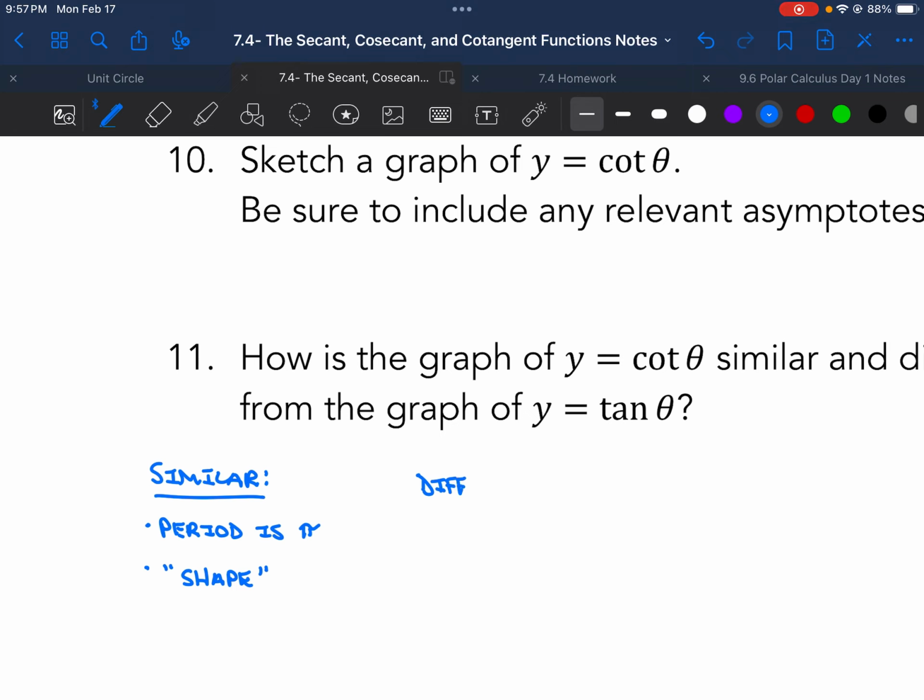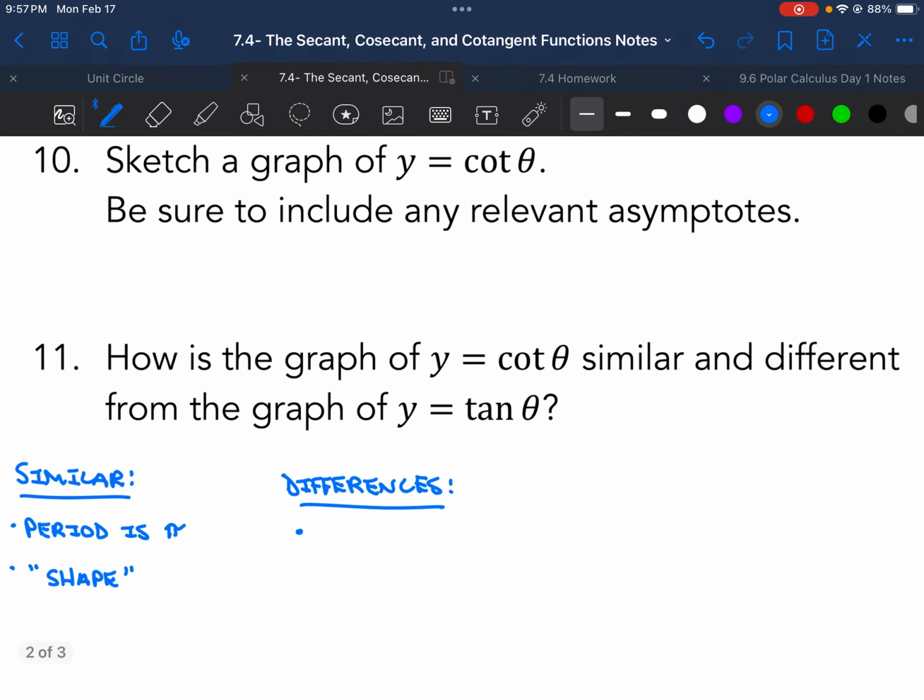Differences. Their vertical asymptotes are offset by pi over 2.